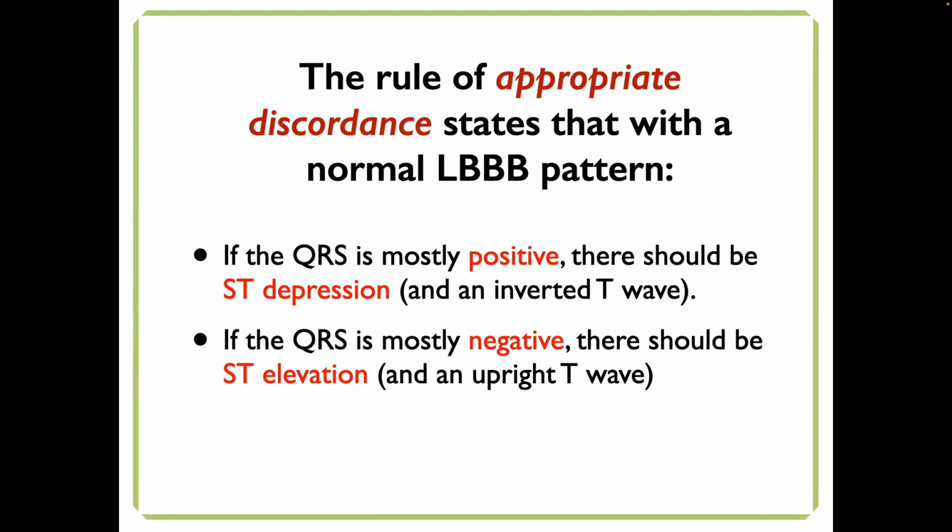The reason that I have this in parentheses is not because it doesn't matter or it doesn't happen. It's because in terms of the Sgarbossa criteria that we're about to explain, it's the ST segment that matters, not the T wave. So let's look.